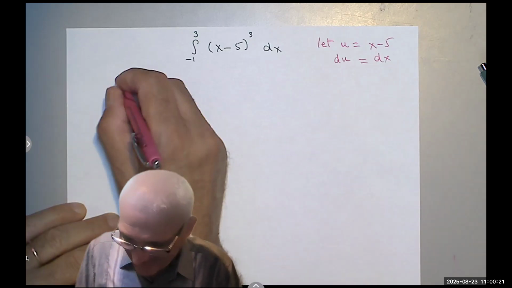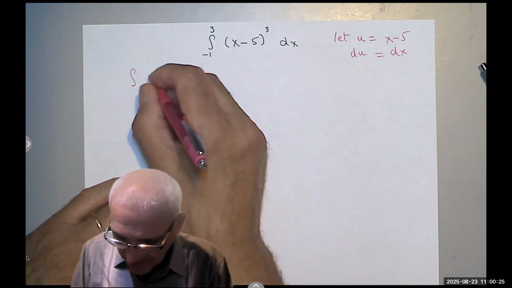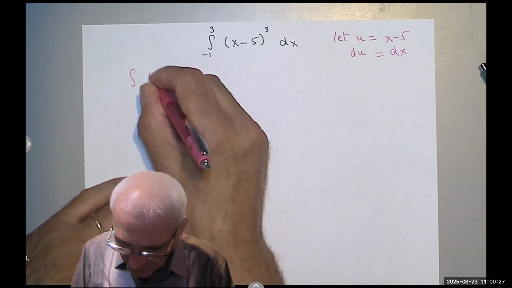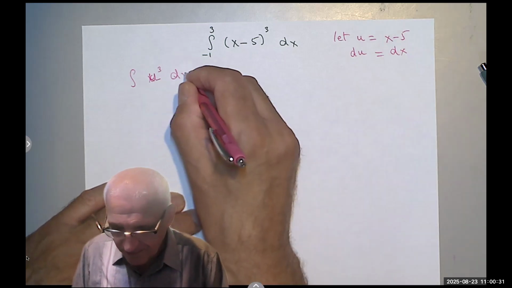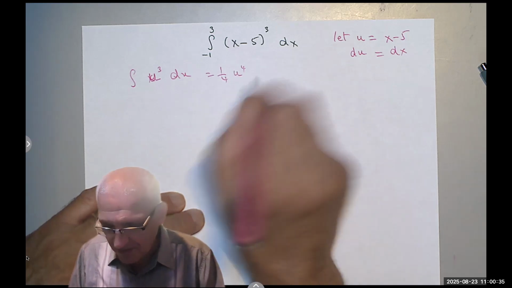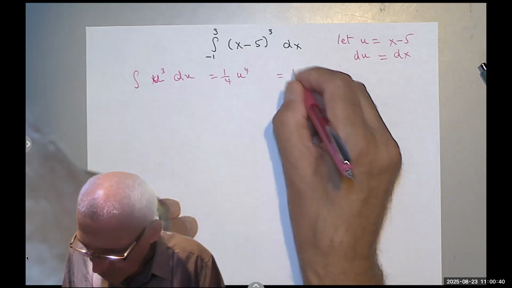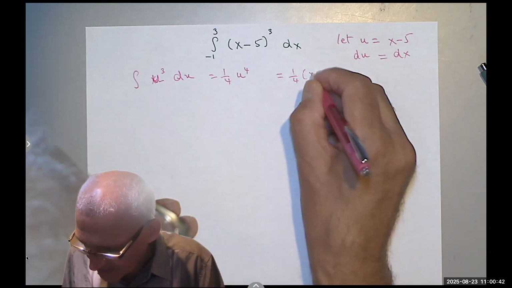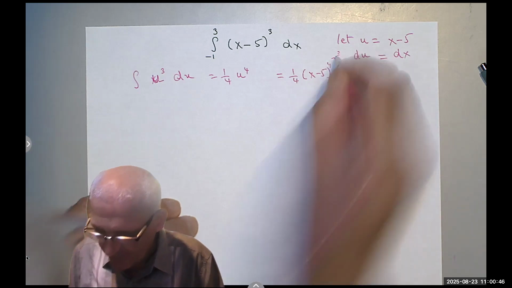So I'm going to take the integral. If u is x minus 5, then this becomes u cubed, and du is dx, so u cubed du. The integral of that is 1/4 u to the 4th plus a constant, but this becomes 1/4 (x minus 5) to the 4th evaluated from -1 to 3.